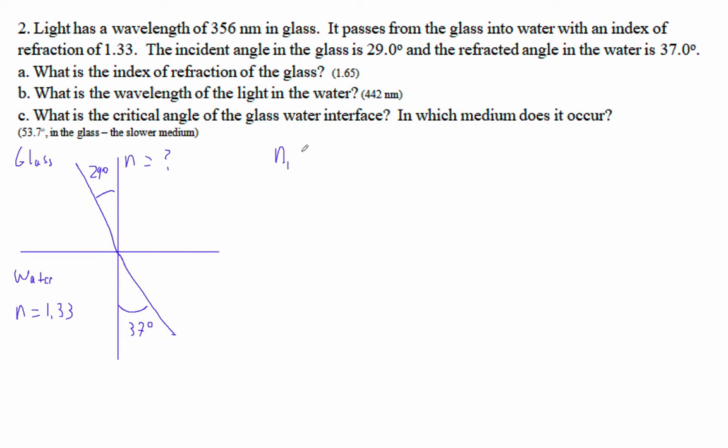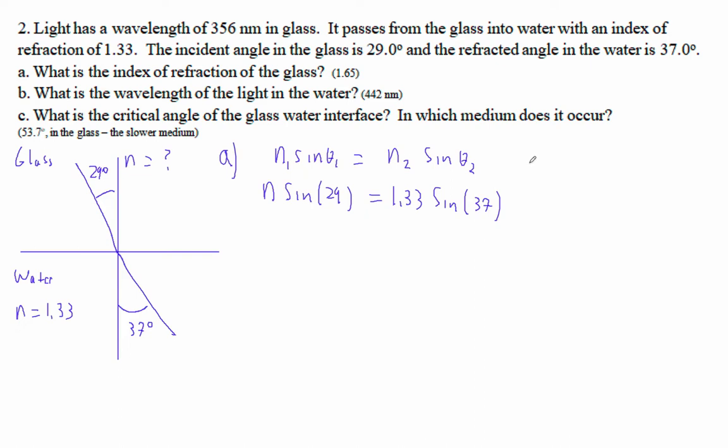I'm going to go N1 sine theta 1 equals N2 sine theta 2. So this is A. N of the glass times the sine of 29 equals 1.33 sine of 37.